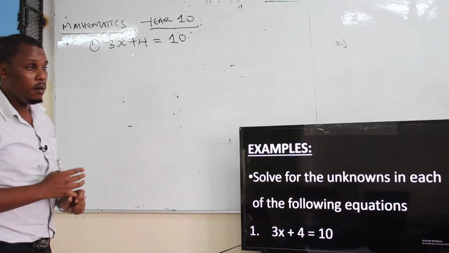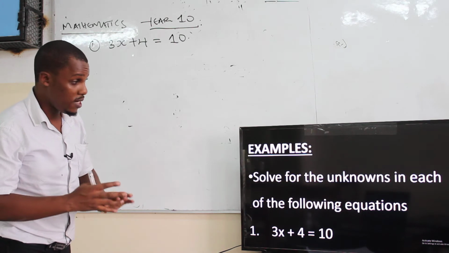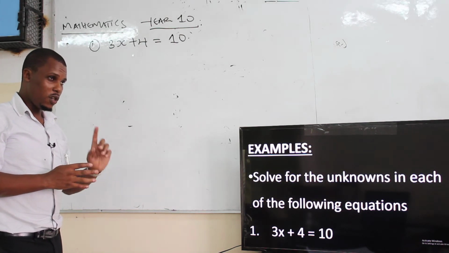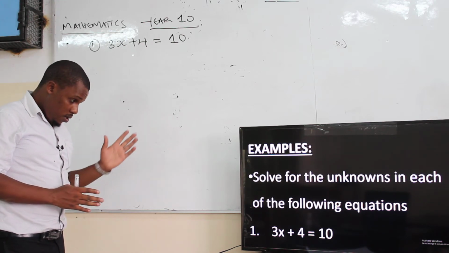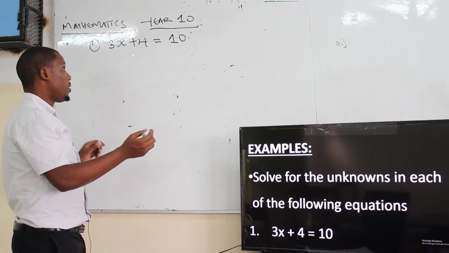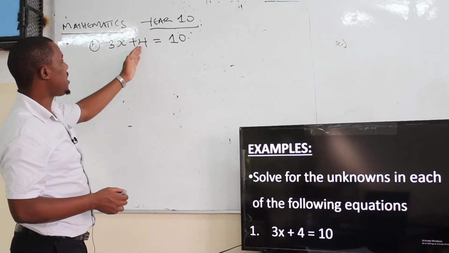So stage number 1: put the constant terms on one side, put the variables on the other side, and then make the coefficient of the variable 1. Without wasting much time, you can decide whether to eliminate this 4 by subtracting it on both sides.